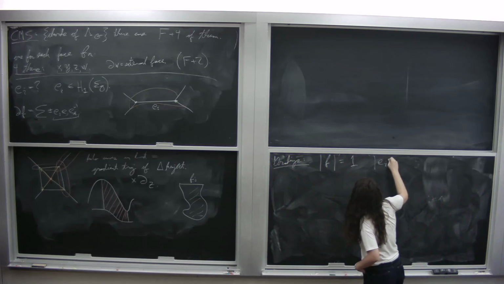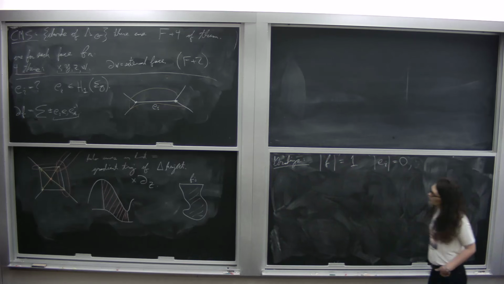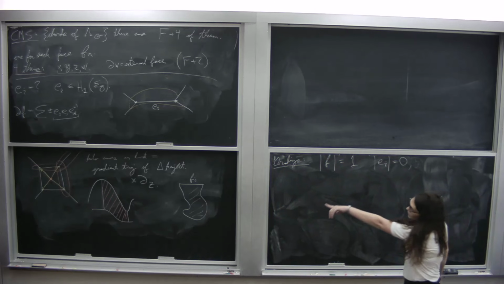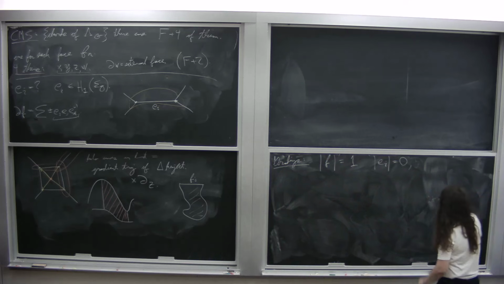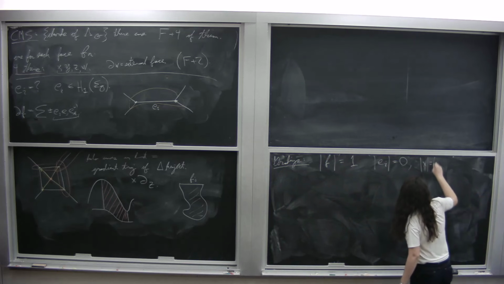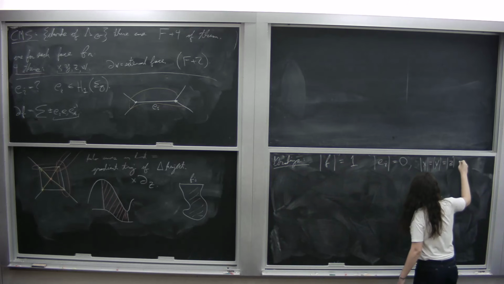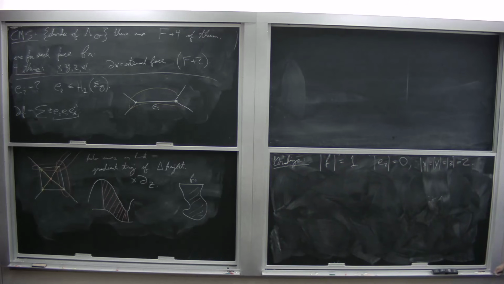The grading of any homology coefficient should be 0, because these are Maslov 0 Legendrians. And finally, we have that the grading of this x, y, and z is actually grading 2.